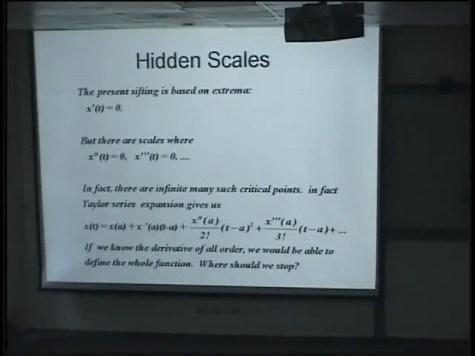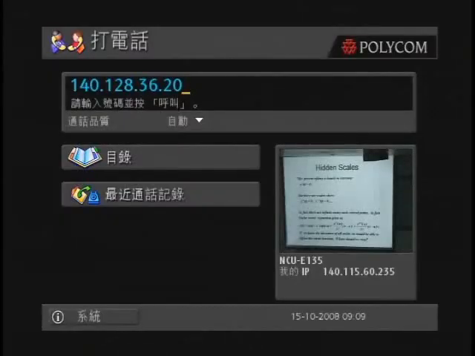For most spectra, by the time you try to calculate the expected number of extrema, it already blows up. It's not convergent. So not many people dare to play with extrema. And we have already broken new ground if we want extrema. But if you go beyond that, you look for x double prime, x triple prime, and so on and so forth.